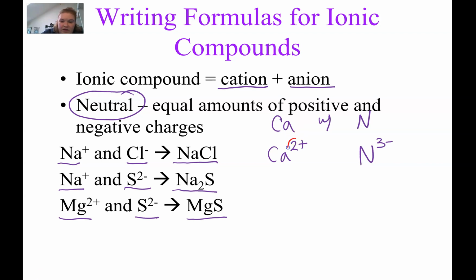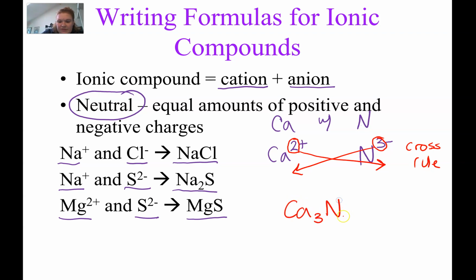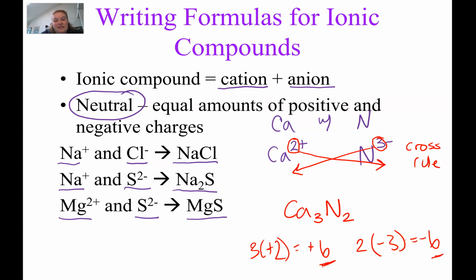If you take the number, not the positive or the negative, but just the number, and you cross them, this is often called the cross rule, that can become the subscript for the other element. So we got to the exact same conclusion that I just showed you, but I showed you why it works. 3 times that +2 gives us our +6, and 2 times that -3 gives us our -6. So the +6 and the -6 are neutralizing each other out.